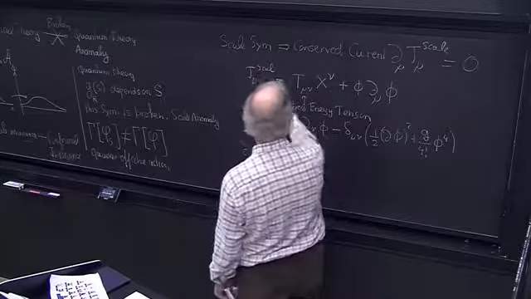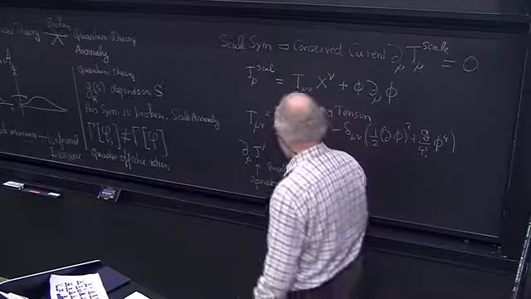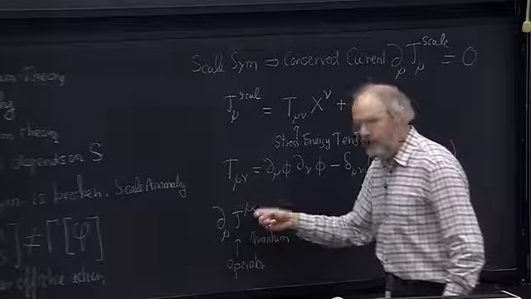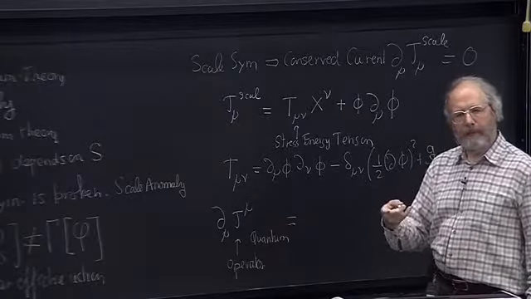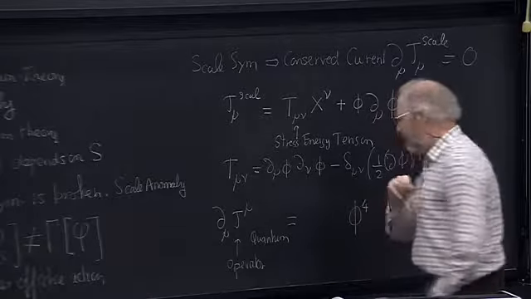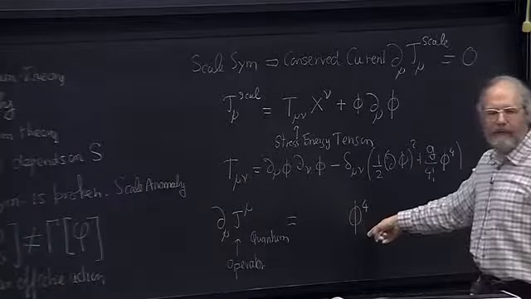Because in the quantum theory, J^μ is a combination of fields, a quantum operator. And you can do some symmetry analysis and check that ∂_μ J^μ has the quantum numbers, namely the dimension, of the operator φ^4. So it may mix with φ^4.